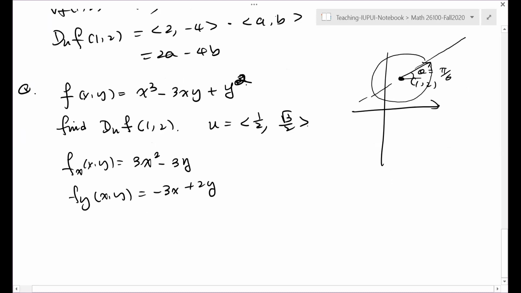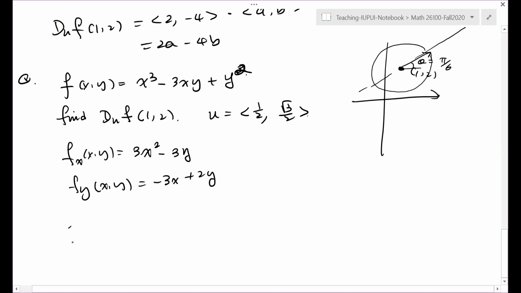At that particular point, let's evaluate: 3 times 1 squared minus 3 times y, and the y value is just 2, so it's 3 minus 6, which is negative 3.